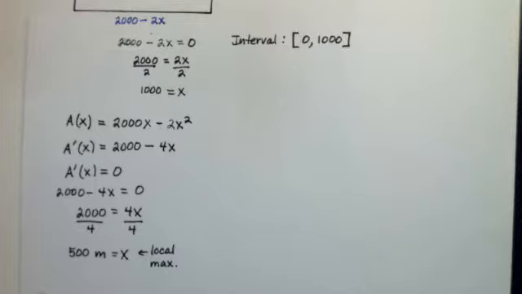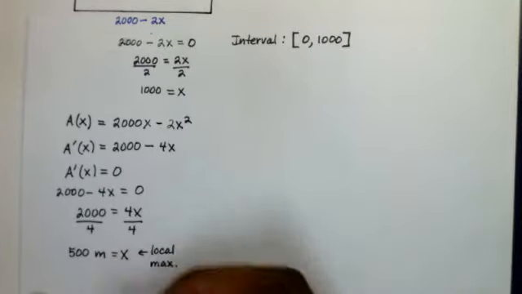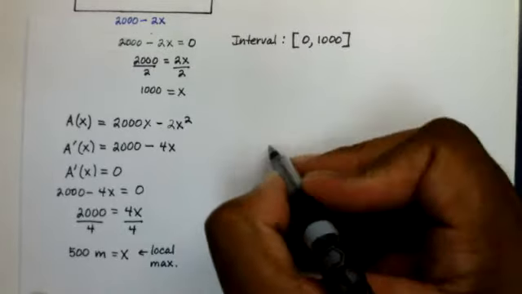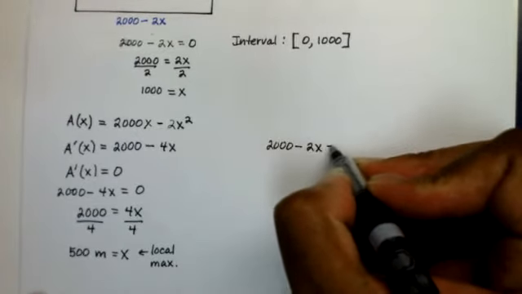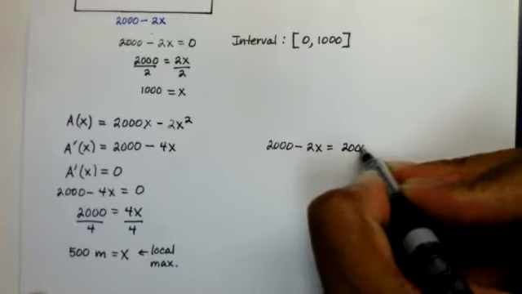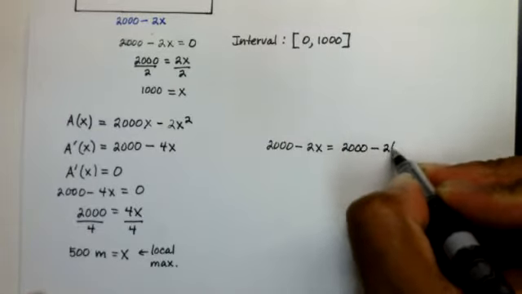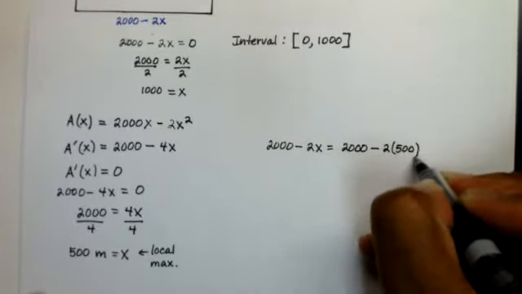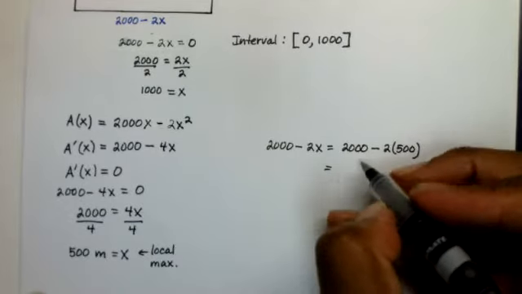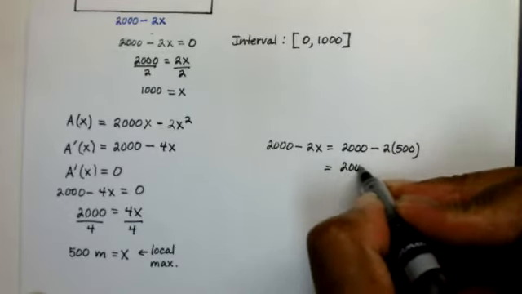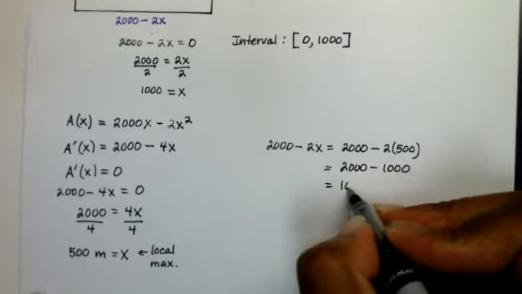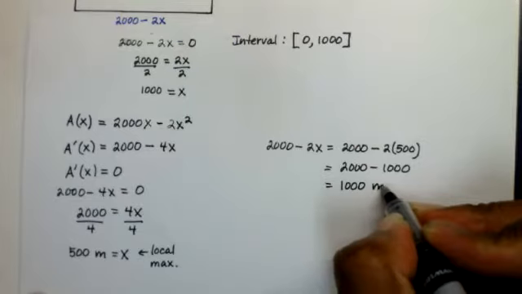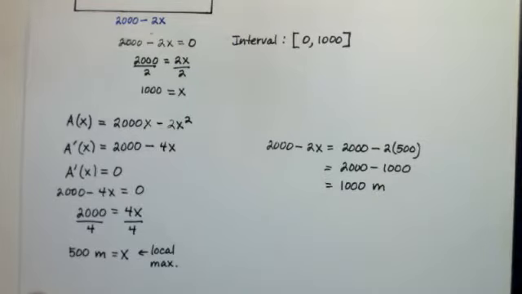Okay, so now for 2000 minus 2X, we just substitute the X with 500. So now you've got 2 times 500, which is 1,000. 2,000 minus 1,000 would be 1,000. And that would be in meters here.